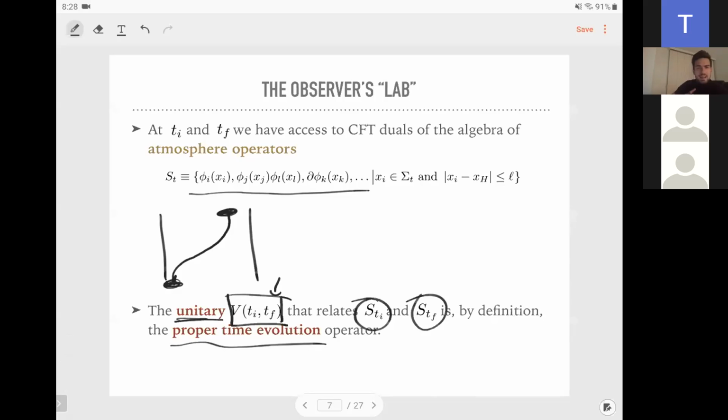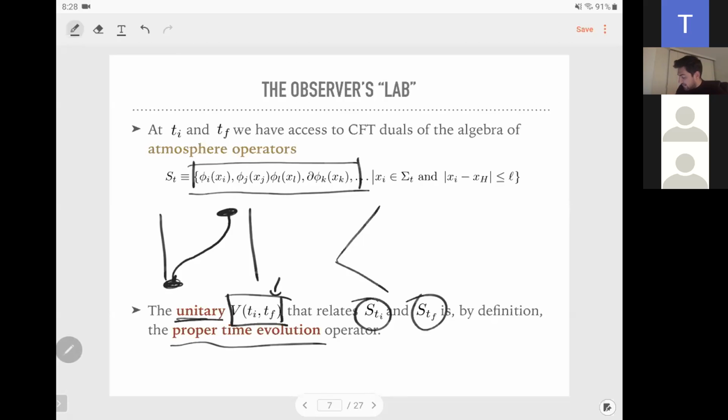A small technical comment that will be important later on is that these are operators defined in a gravitational system, and therefore I have to specify their dressing and how exactly I locate them in the bulk. So I will dress them to the black hole horizon, in particular to the apparent horizon of the black hole.